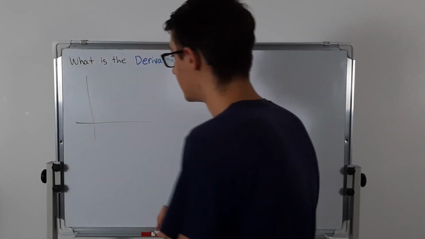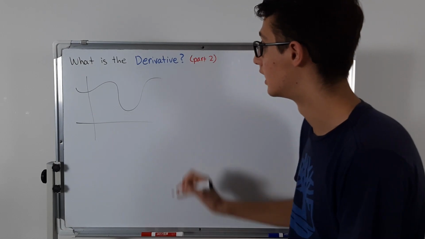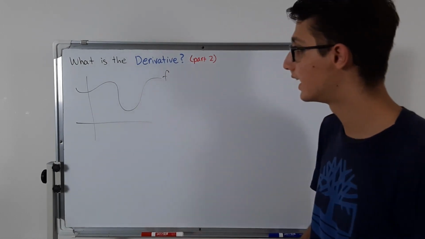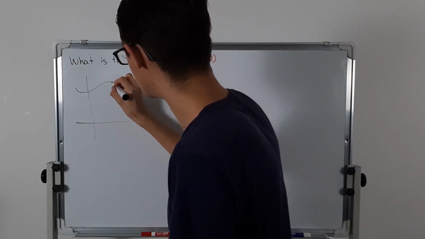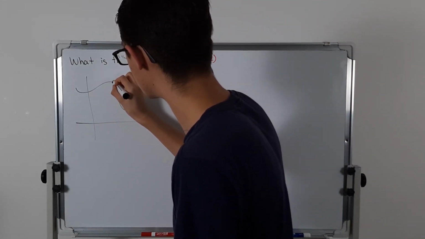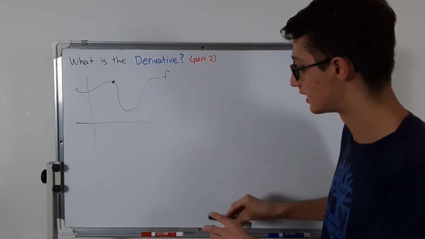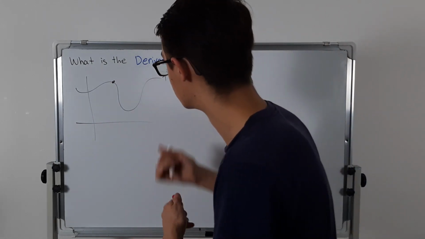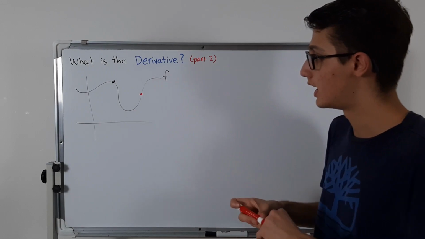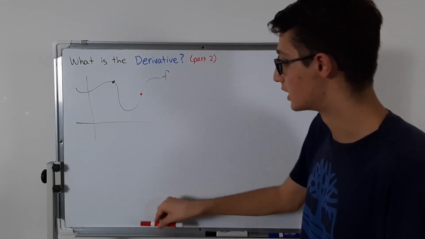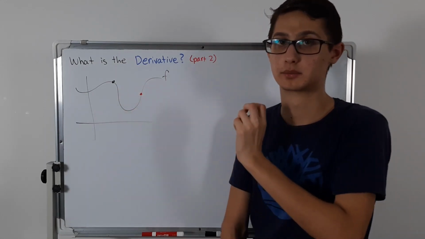I can give a visual example here. If you take some function, call this f, and we want to measure the derivative of f at this particular point, what I said is we can take another point, this little red point here, measure the difference between those two points, and then shrink that difference until it's pretty much 0.